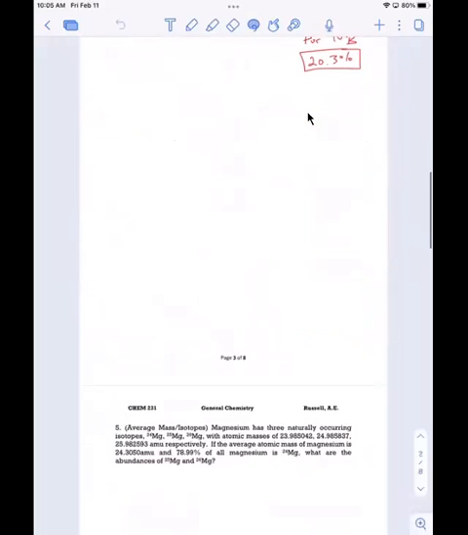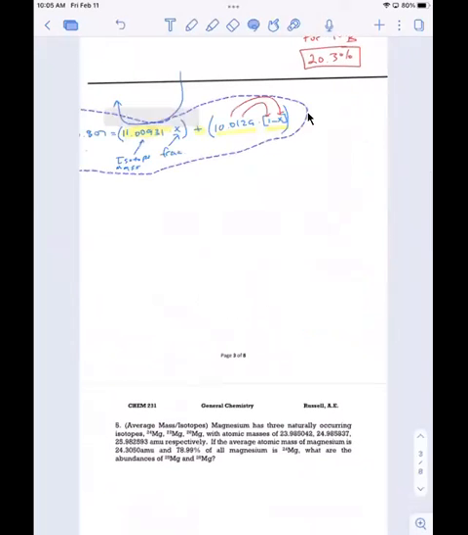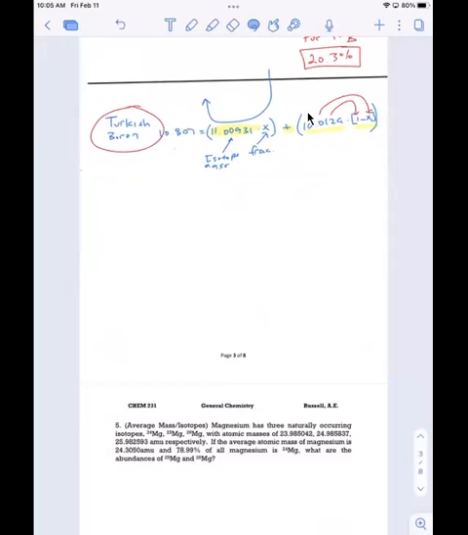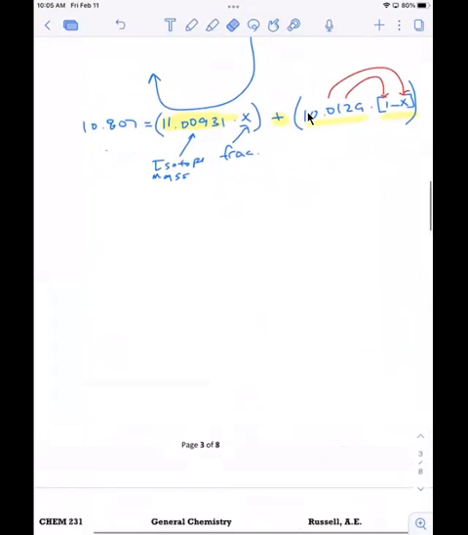There's no change except for the average mass. The whole setup is the exact same as it would be for the previous problem. Let me get rid of what I don't need, because now we're not working with Turkish boron.